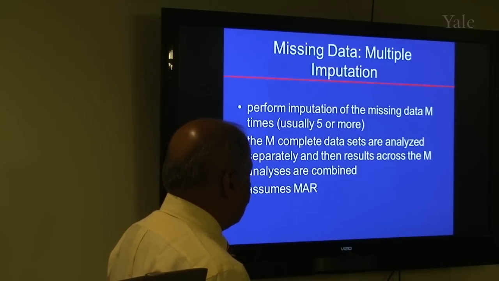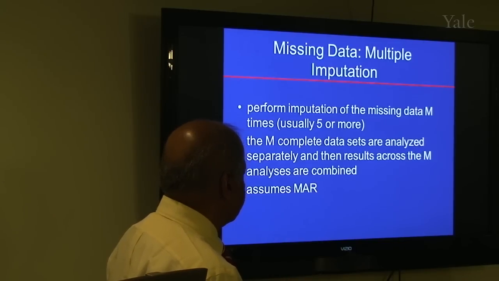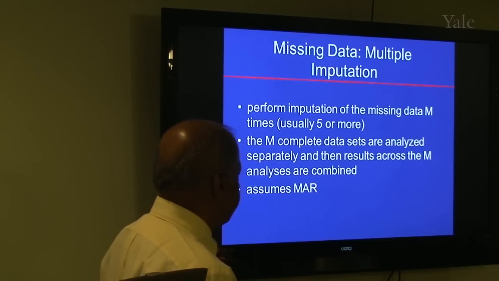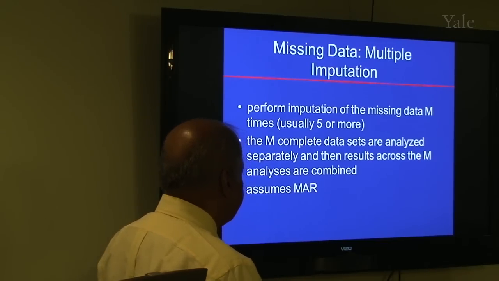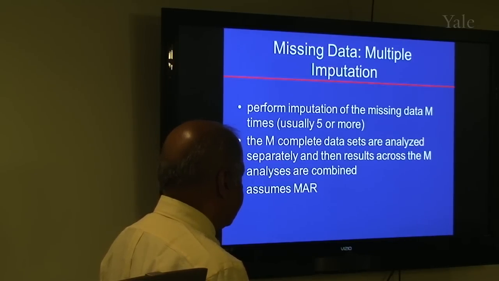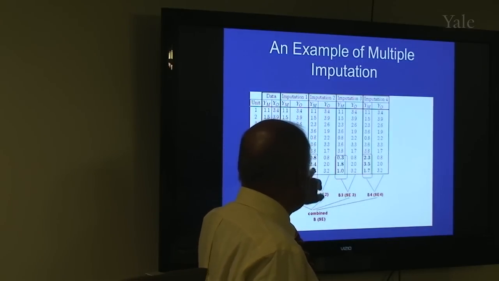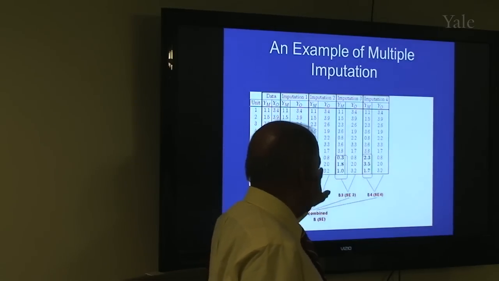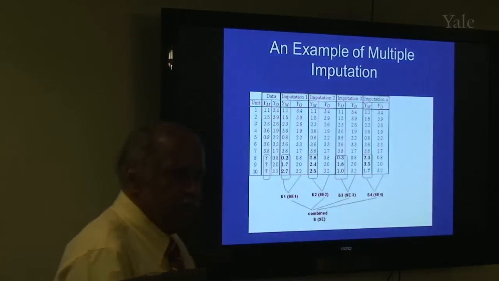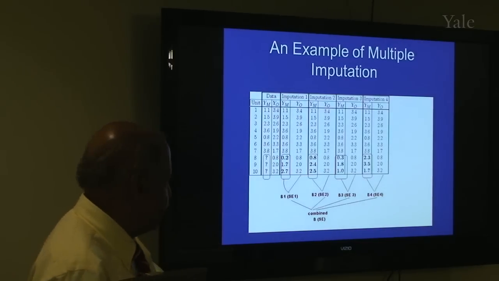Okay, this time we're going to perform imputations of the missing data m times, usually 5. And then the data sets are analyzed separately and the results across the analyses are combined, and I'll get into that. This would be an example of multiple imputation where you had missingness, and it would fill in 5 different data sets, so to speak.